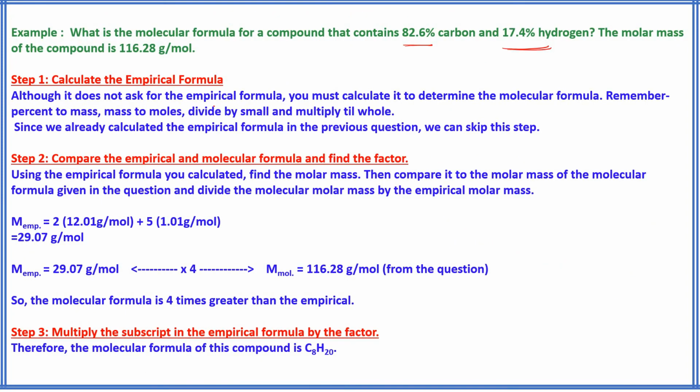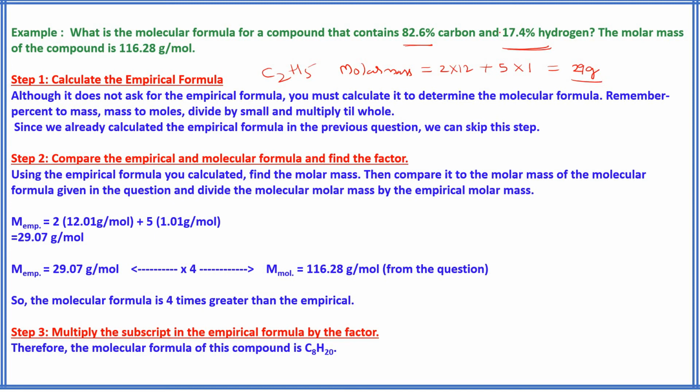Now what will be the molar mass here? 2 carbons, so 2 into 12 plus 5 hydrogens, atomic mass 1. So 24 plus 5, 29 grams we are going to get, right?